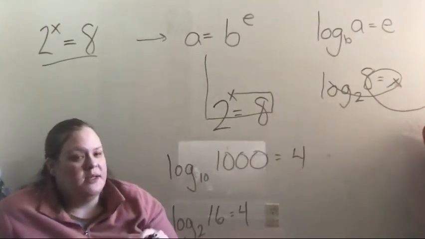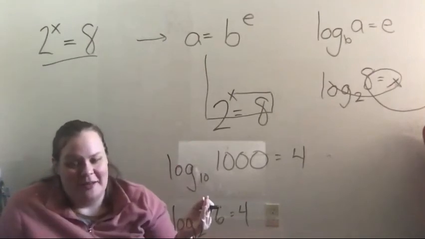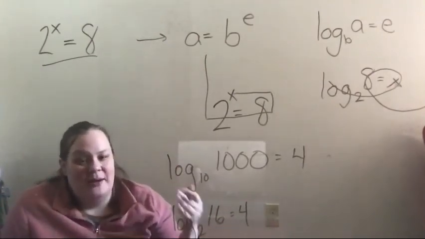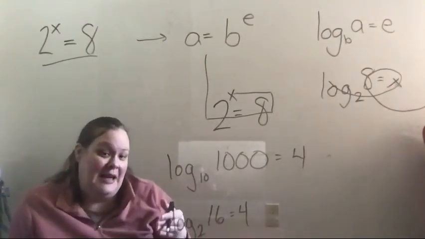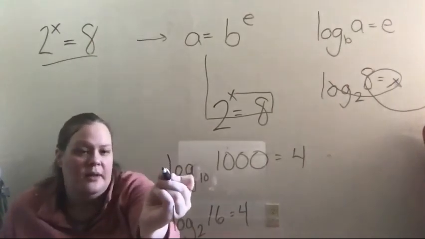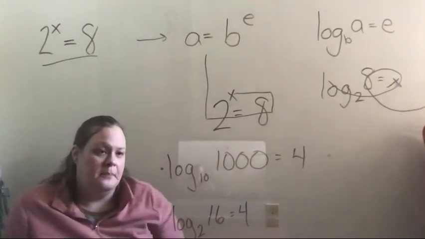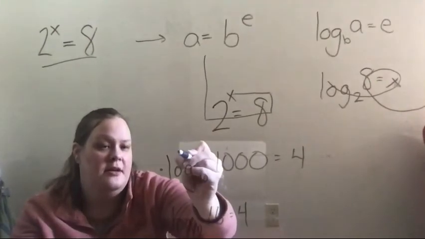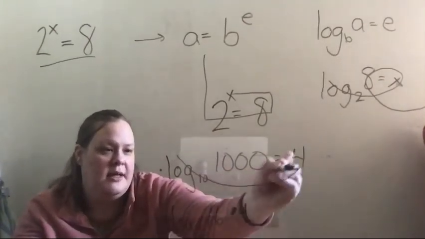And just like we need to be able to go from exponents to logarithms, we also need to know how to go from logarithms back to exponents. So if we start with a problem like this one, I'm going to do it my strategy, which means I'm going to exponential form.